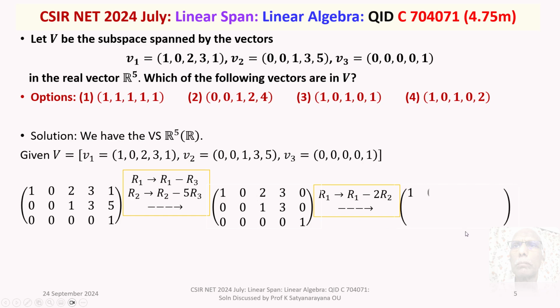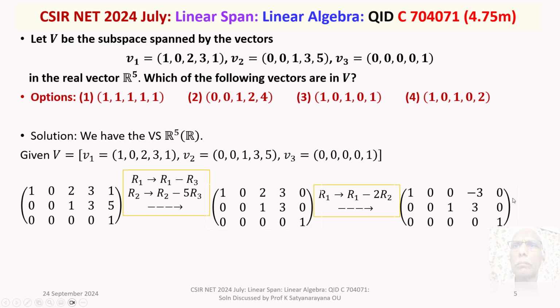Then we will get the matrix whose first row is 1, 0, 0, minus 3, 0. Why? 2 times 3 is 6, and this is to be subtracted. 3 minus 6 is minus 3. The second row remains the same, 0, 0, 1, 3, 0. The third row remains the same. So that is now very clear.